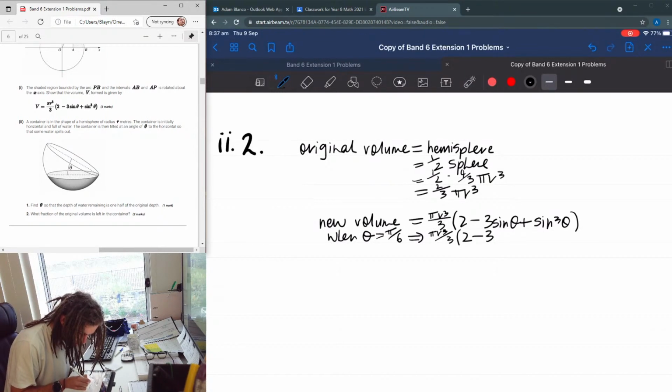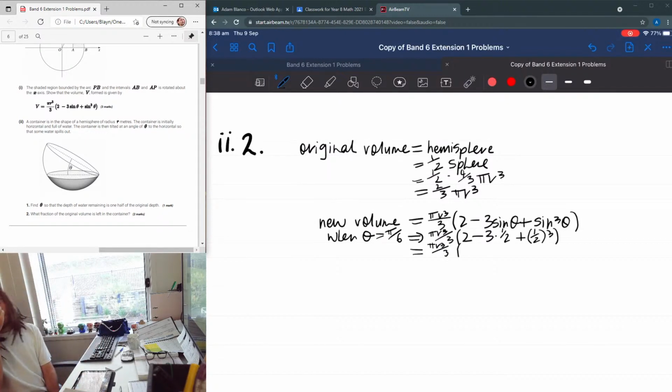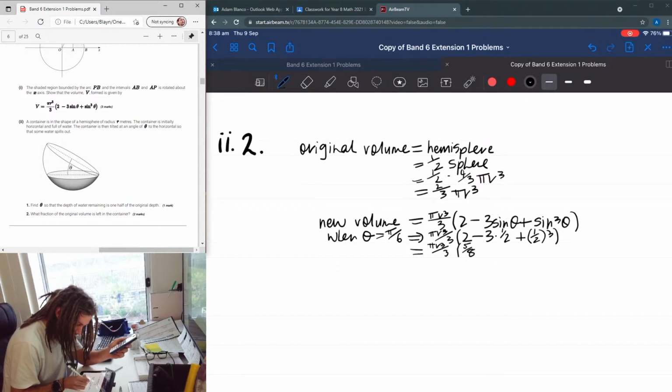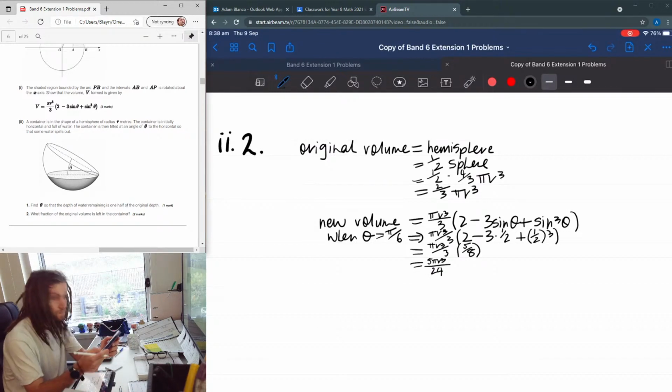So it's pi r cubed on 3 times 2 minus 3 sine pi on 6, which is just a half, plus a half cubed, 1 on 8. So 2 minus 3 on 2 plus 1 on 8 is 5 on 8. Then 5 pi r cubed on 24.